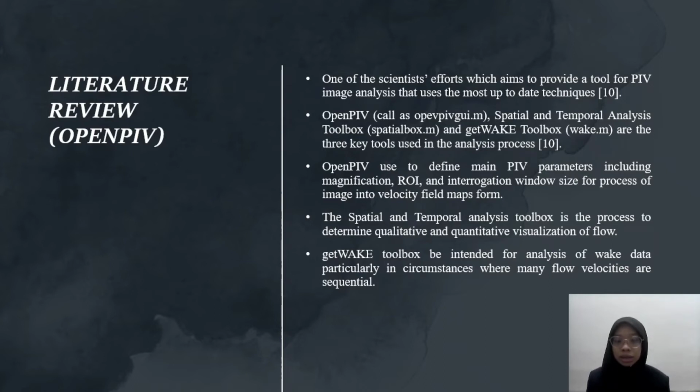OpenPIV has three main tools used in the analysis process: the OpenPIV spatial and temporal analysis tools and gateway tools. The first tool is used to define main PIV parameters like magnification, ROI, and interrogation window size for the process of turning images into a velocity field map.